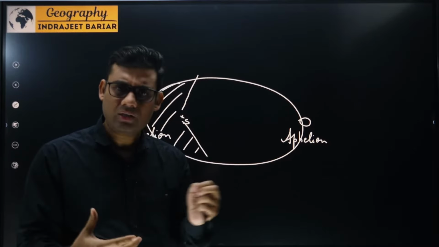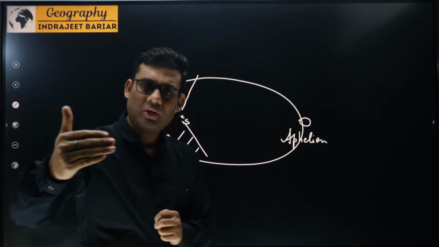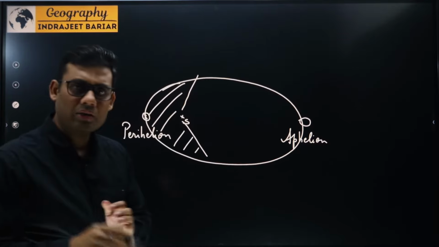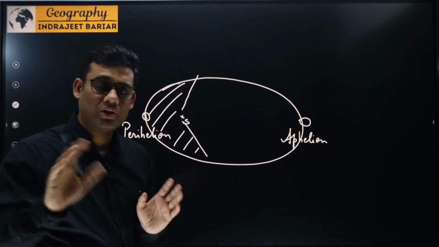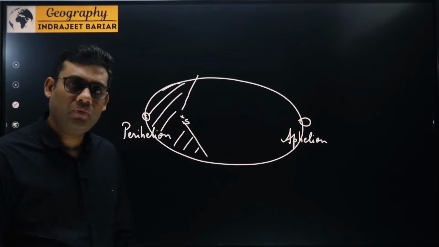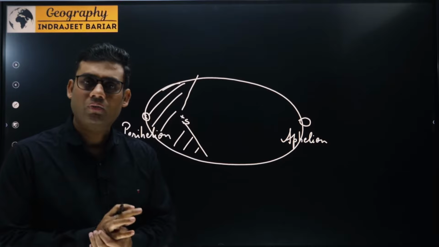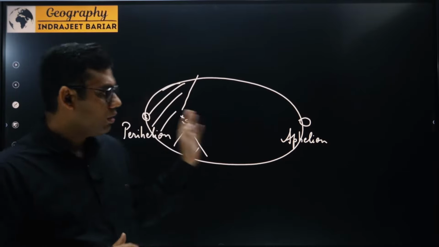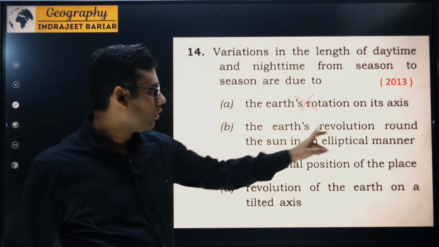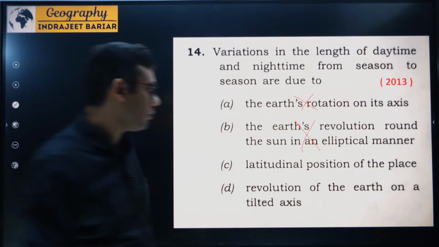During the winter season itself, there would be some days when the temperature would be 1-2 degrees higher, or some days when it would be extremely cold, 1 or 2 degrees lower. So intra-season fluctuations would happen due to perihelion and aphelion, but definitely not the occurrence of seasons and the seasonal variations overall with respect to day and night. And so over here again, if I see the second option, Earth's revolution around the sun in an elliptical manner, this also cannot be the answer.